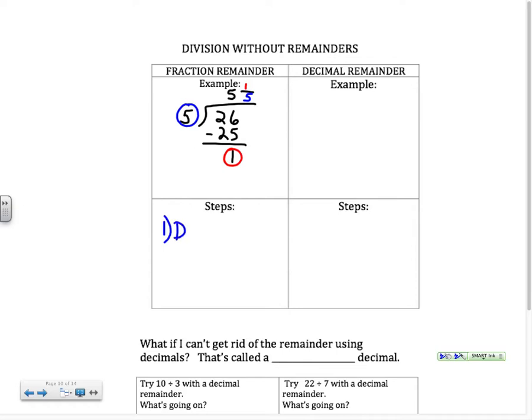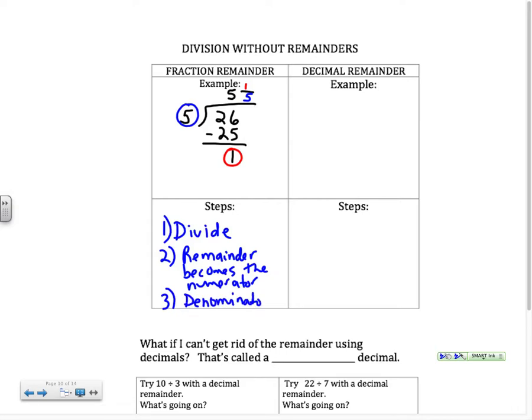Number 1, you divide like you normally do. Number 2, your remainder becomes the numerator. That top number in a fraction is called the numerator. And the denominator, where does that come from?